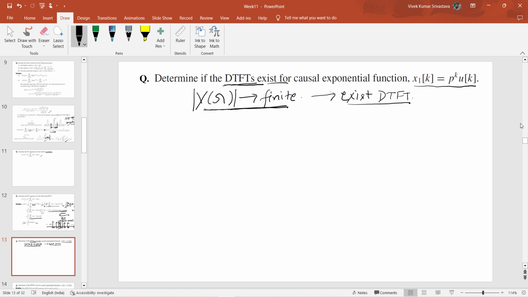Okay, so alternately we can say that, as we know, x of omega can be written as the summation, k varies from minus infinite to infinite, of x of k into e raised to the power minus j omega k. Okay, so let us put the value of x of omega here.